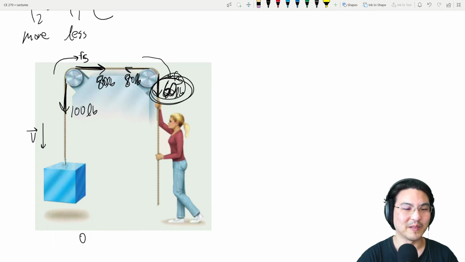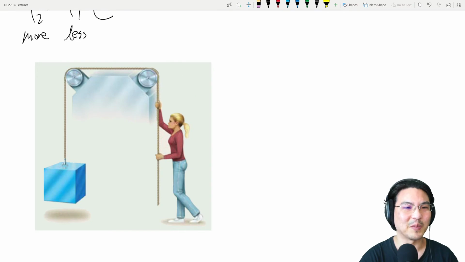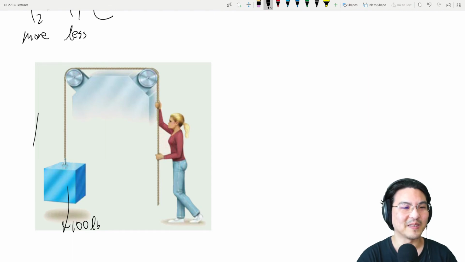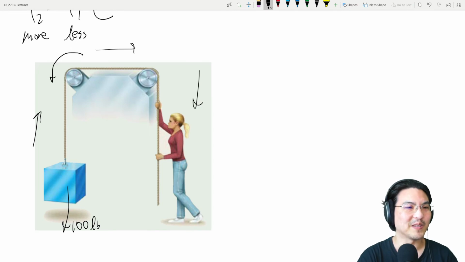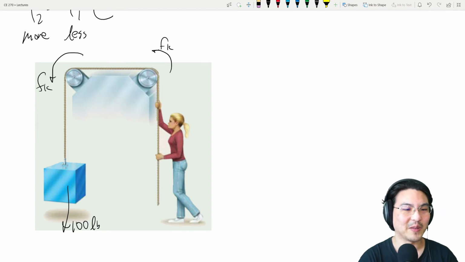But now let's say you want to lift the block. So you want to raise the 100-pound block. So this is 100 pounds. If you're trying to raise it, then the velocity is this way. Let's say constant velocity. So friction is opposing your motion this way for each of these fixed cylinders. So that means, if this is 100 pounds, this side has to be more.